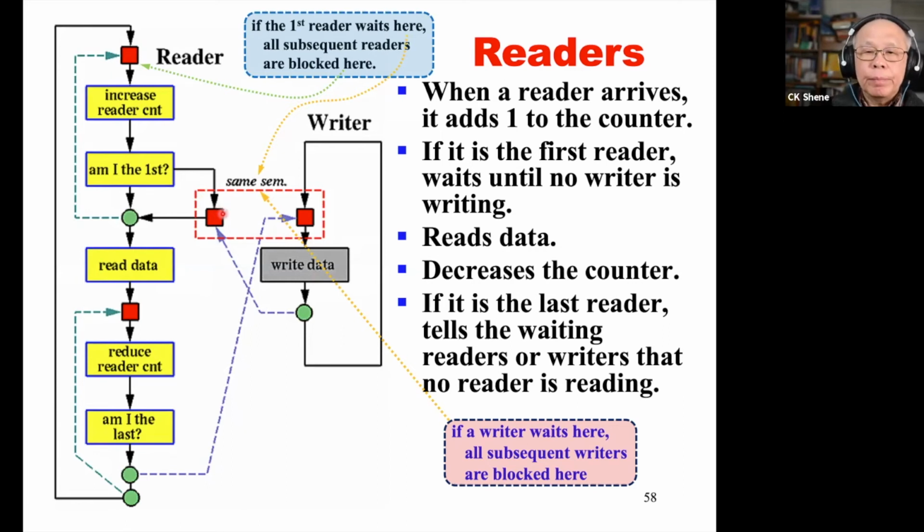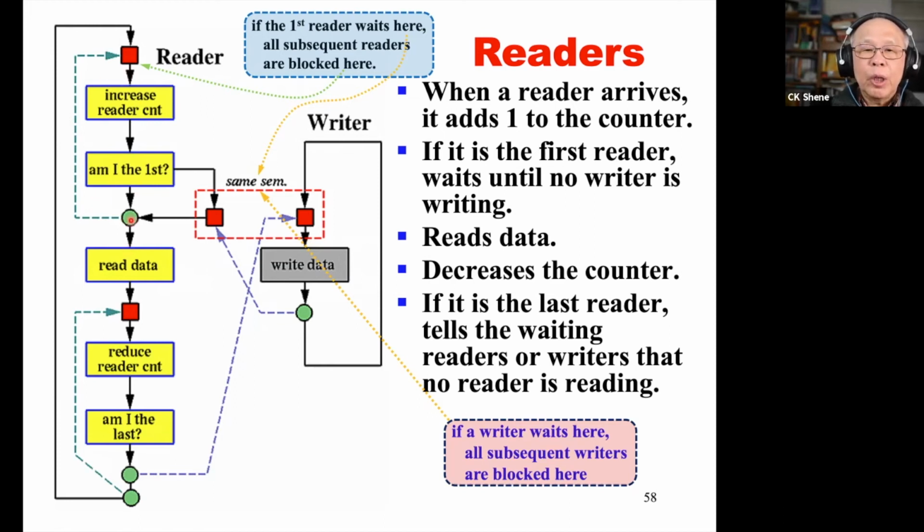If the current writer finishes writing, this current writer signals the semaphore. So if this first reader is lucky, this reader goes back to its normal execution path and signals the mutex lock.